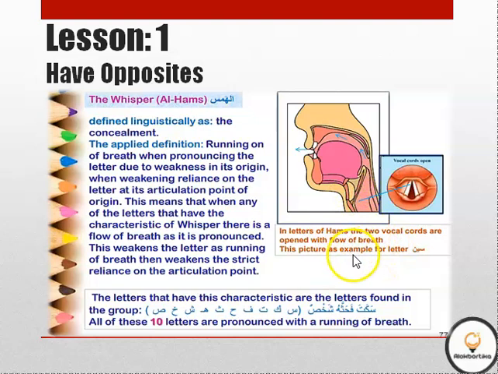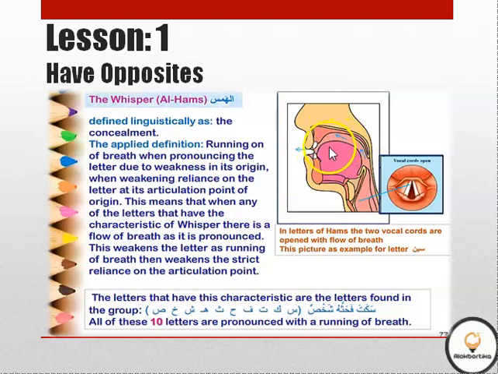It is the example of the letter sin: whenever we read it with a haraka or with sukun, in every case there is a flow of breath that never stops, and it weakens the reliance on the makhraj.